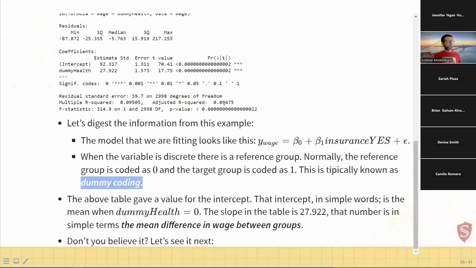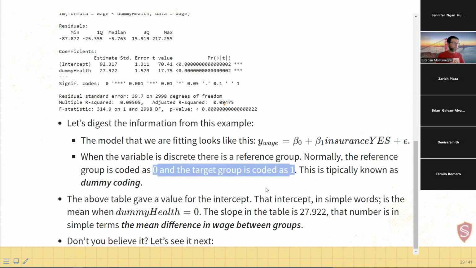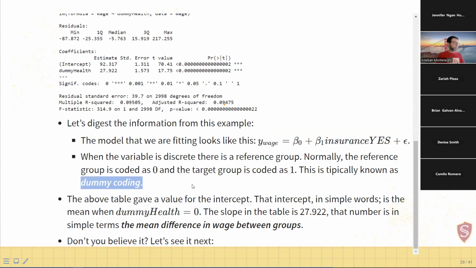That name was coined in the context of transforming nominal variables into multiple columns, and we will do that as well in this class. But just keep in mind that variables like these ones, zeros and ones, will also be called dummy coding or dummy variables.